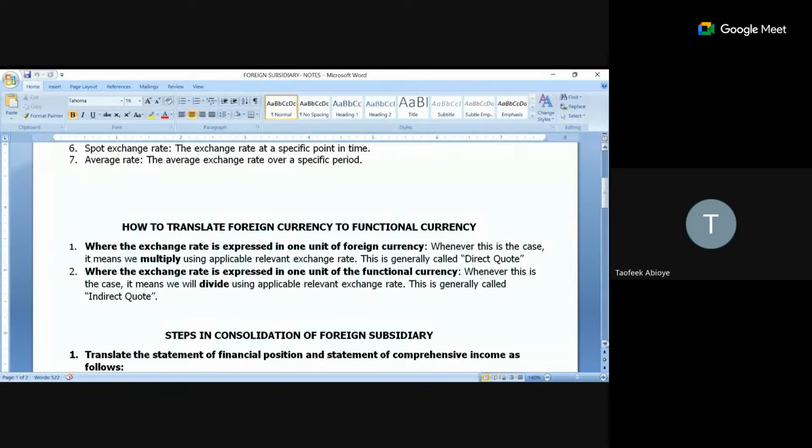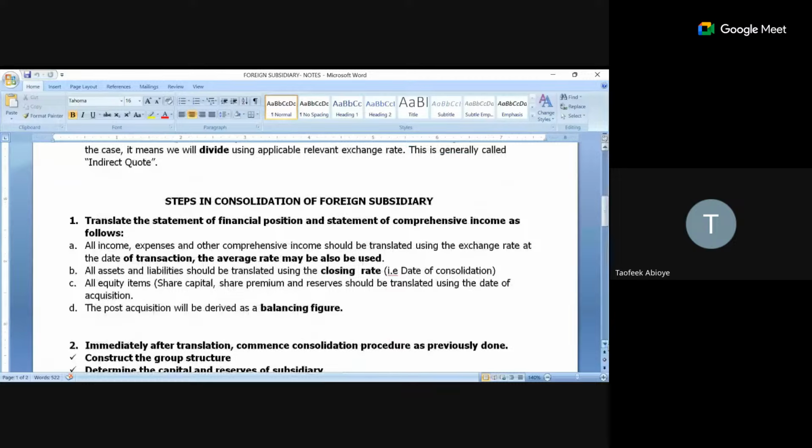When we are solving a foreign subsidiary question, there are three steps. Number one, we are going to translate the foreign subsidiary's financial statements to the functional currency. And how are we going to translate? It is very, very easy.